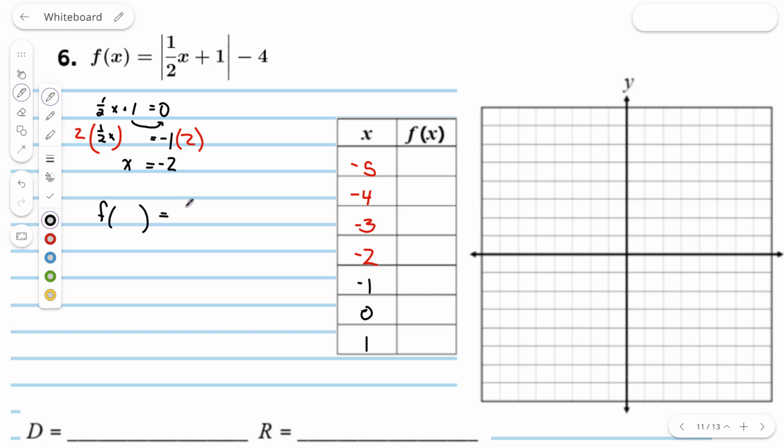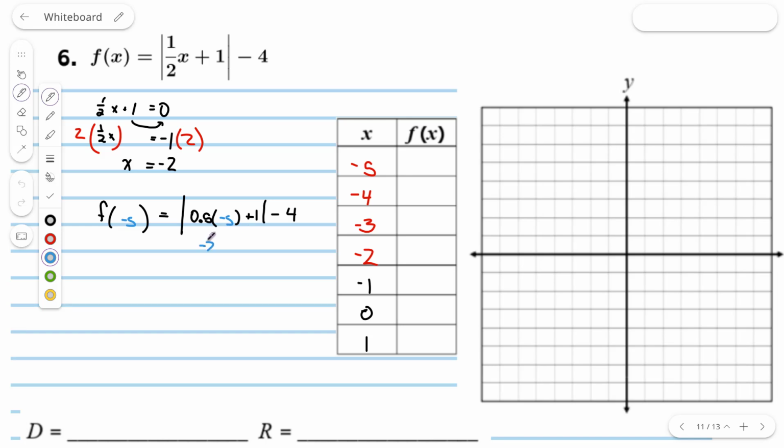F of my number is equal to 1/2, or for me to think about this easier, that's the same thing as 0.5 times my x value plus 1, and then I'm going to subtract 4 from that. So the first one I'm plugging in is negative 5.